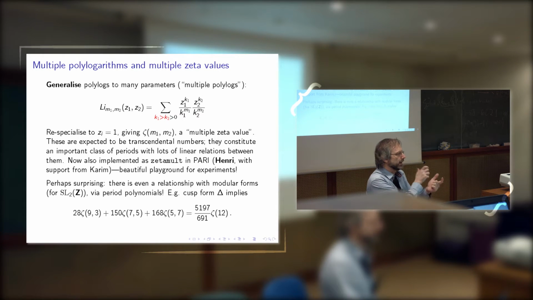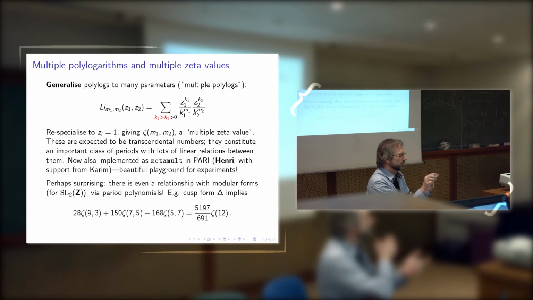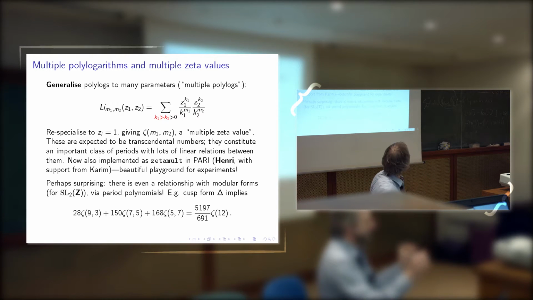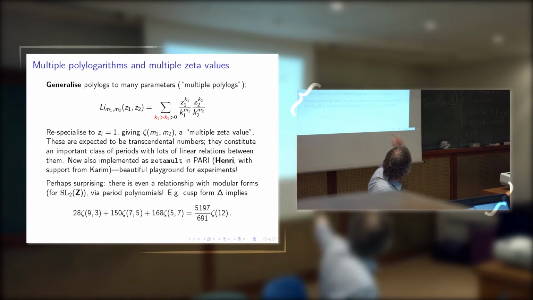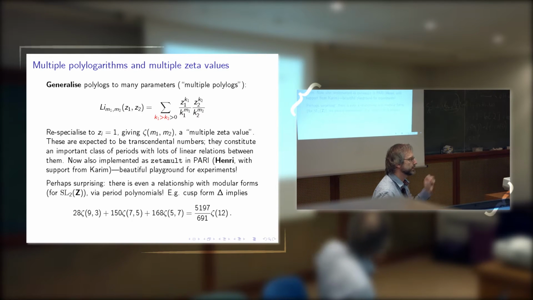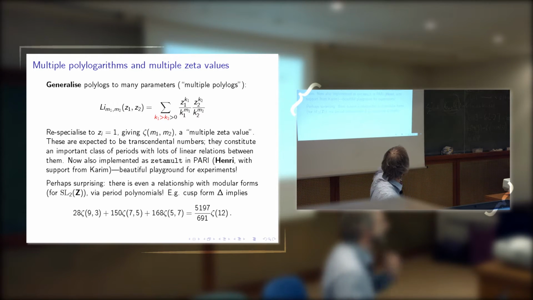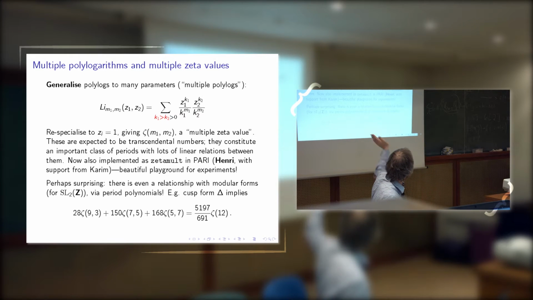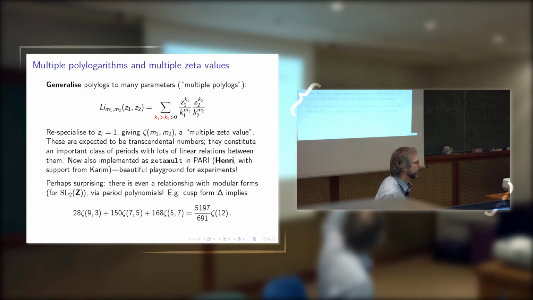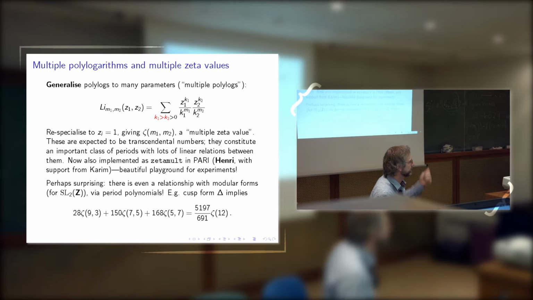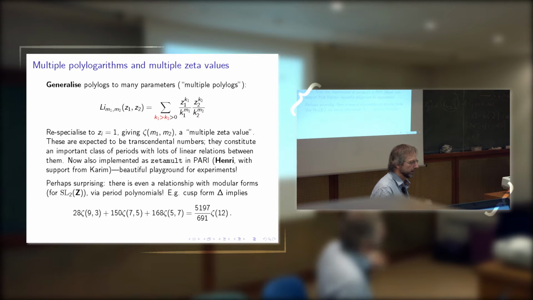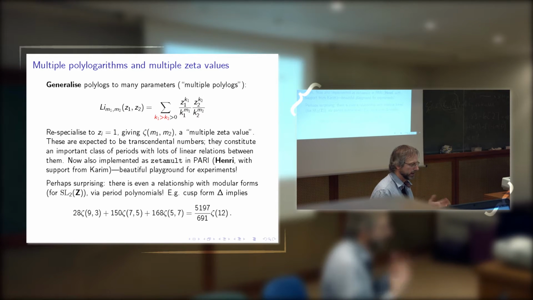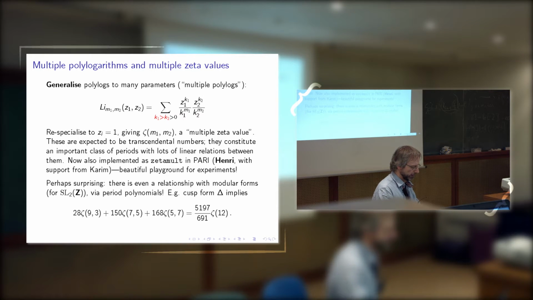Multiple polylogs is essentially as if you took a product of these polylogs with those indices, except that you sum over that cone, with k1 greater than k2. If k1 and k2 ran independently, then it would just be a product of Li m1 of the first variable times Li m2 of the second, but here we sum over a cone. And that suddenly gives you a larger class and actually a very useful class to deal with.